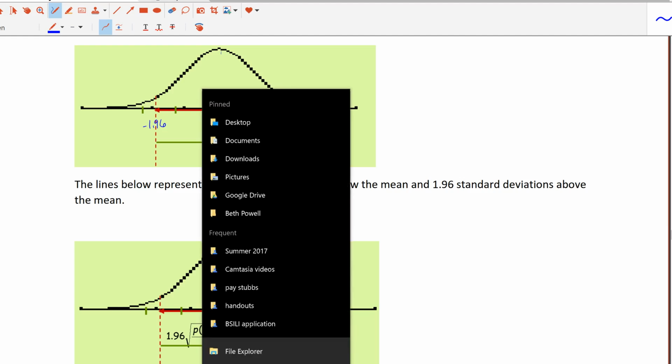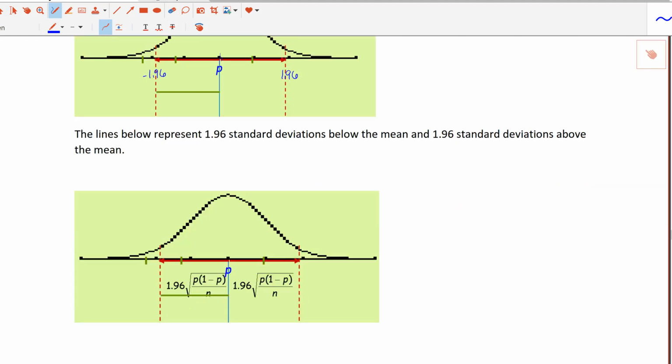This is 1.96 standard deviations lower than the mean, right? 1.96 standard deviations below the mean. And this one would be 1.96 standard deviations above the mean. Okay.